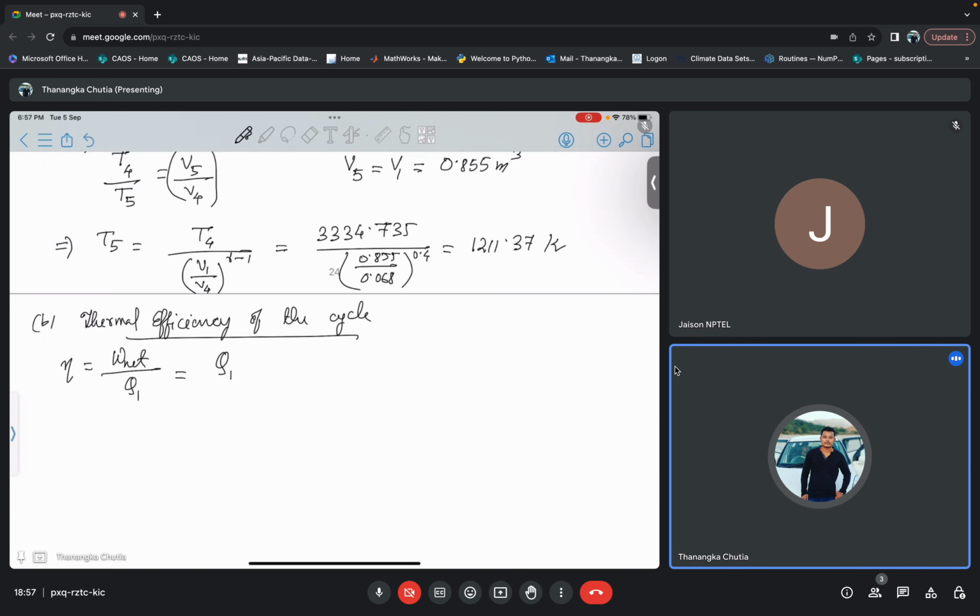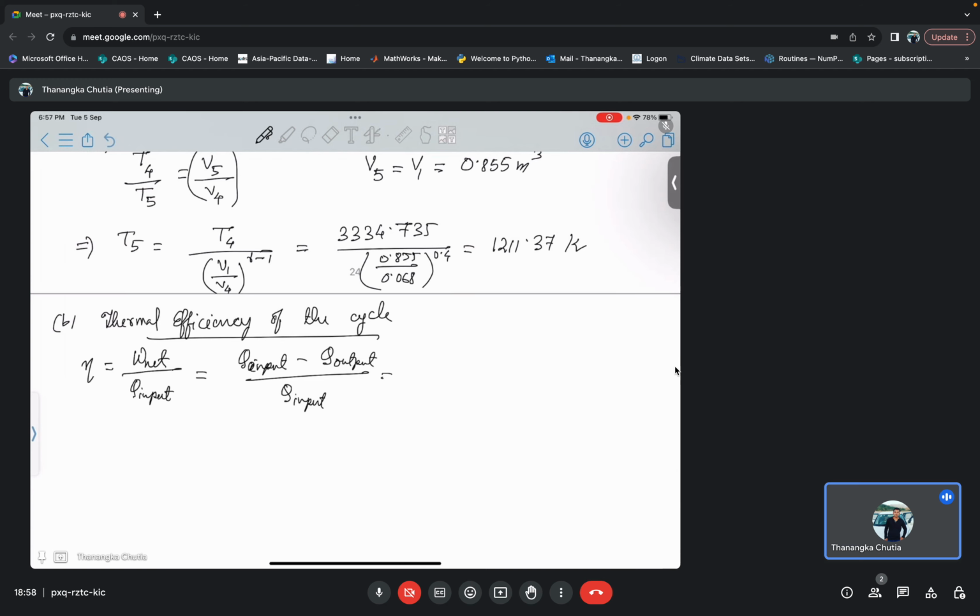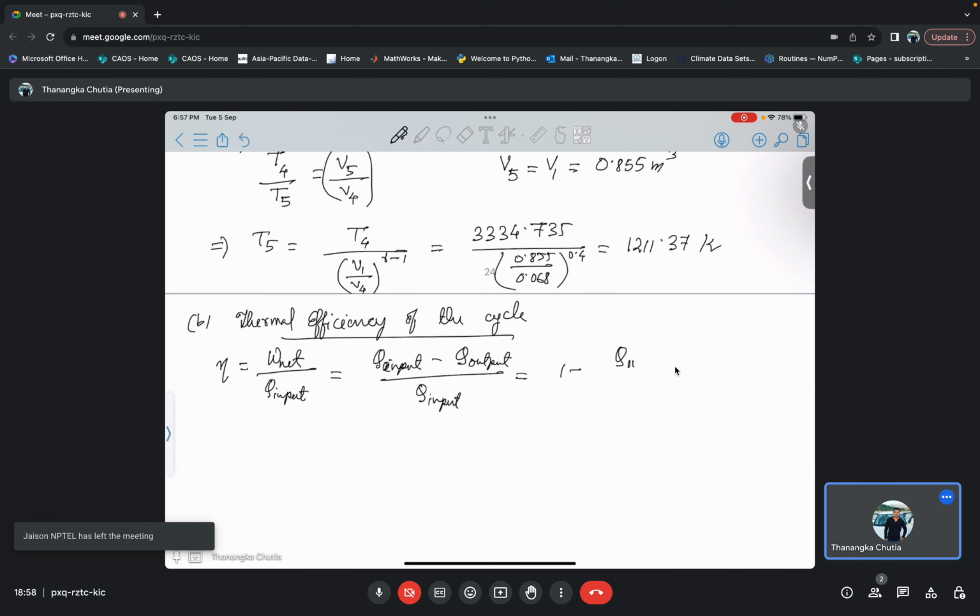Actually in this process we are not using Q1, basically this will be Q input. And what is W net? That will be Q input minus Q output divided by Q input. So 1 minus Q output by Q input.